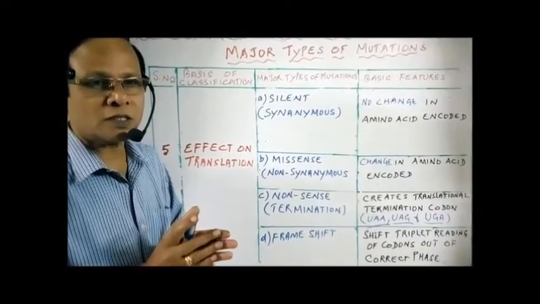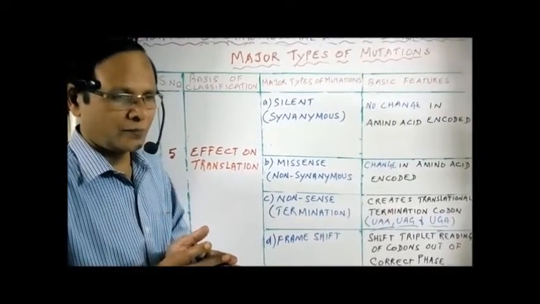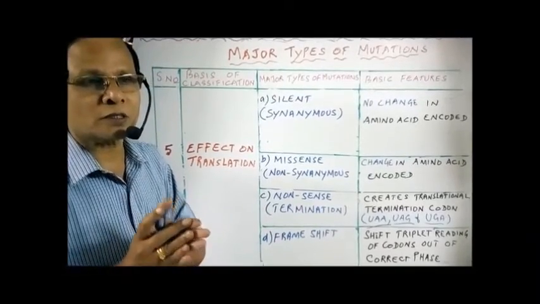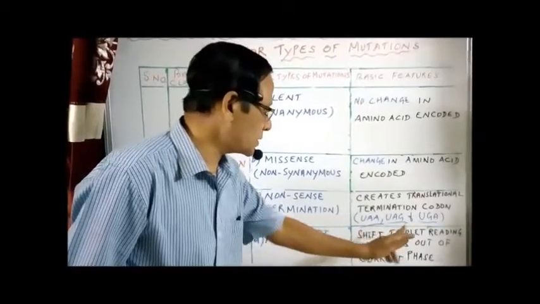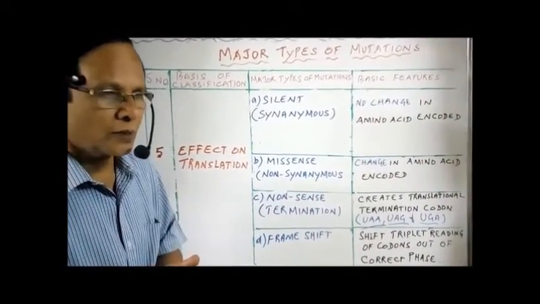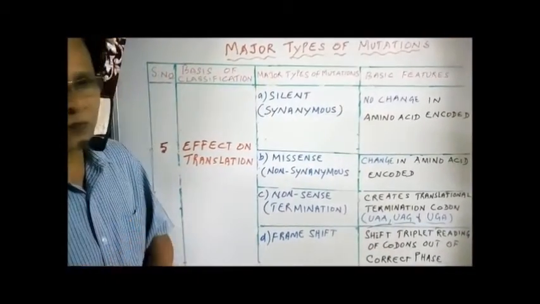Then the last one, frame shift. It is a change in the reading frame because of the shifting of the nucleotides, so a non-functional, incomplete protein is formed. It shifts the triplet reading of codons out of the correct phase, that is, the open reading frame.